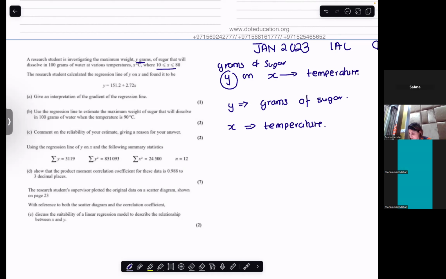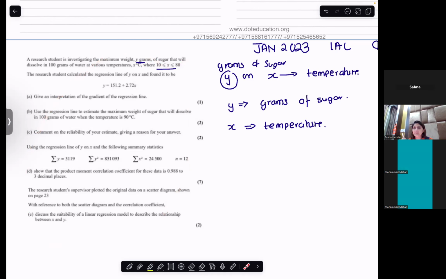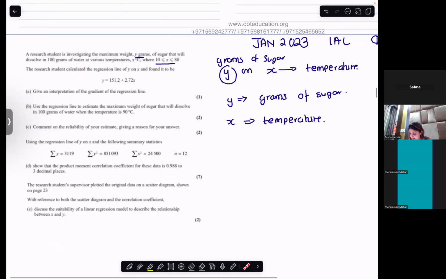There's a range of temperature, so anything outside this range would be extrapolation. That means we are doing this for x between 10 and 80 degrees Celsius. Are you with me? Yes. Now read ahead.